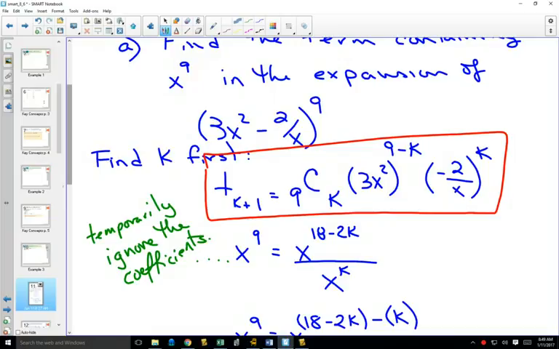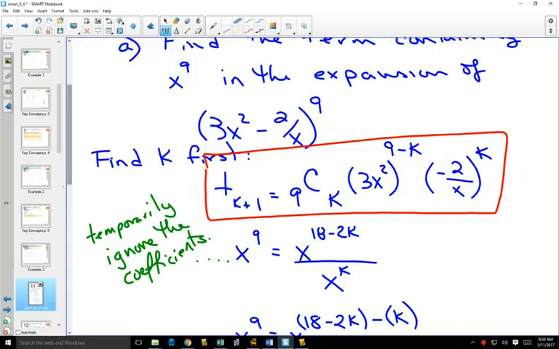And I actually encourage you to try to pick one that doesn't work to start with. Because if you try to get the right one, it takes too long to guess. And if you guess the wrong one and check it out, you'll often find you figure out which way you need to go to get the right one a lot quicker than if you stay, I have to get the right one first. So if we pick 5, because I know that it's wrong, because we know the answer is 3. If you pick 5, the question is, how many x's would there be on the top of your fraction?